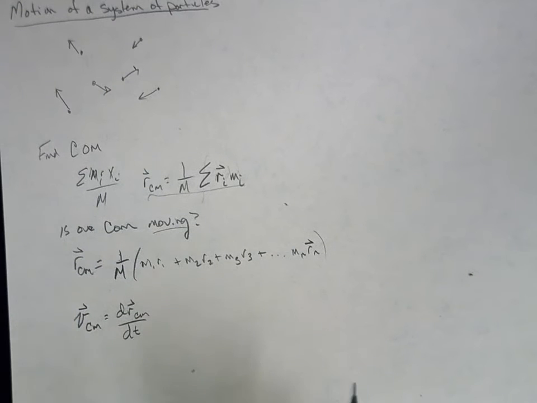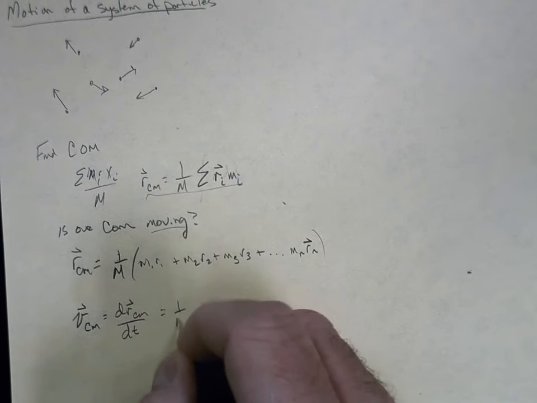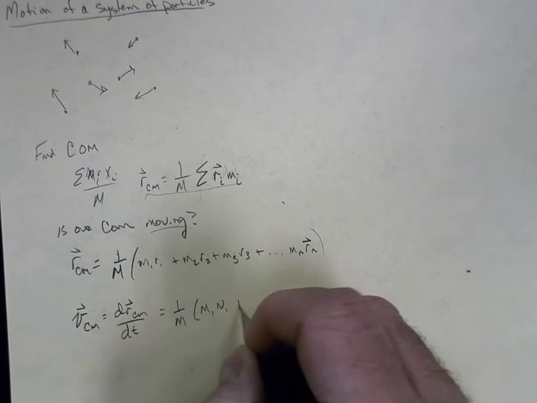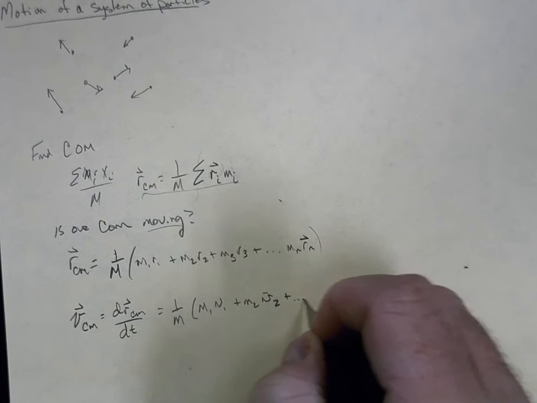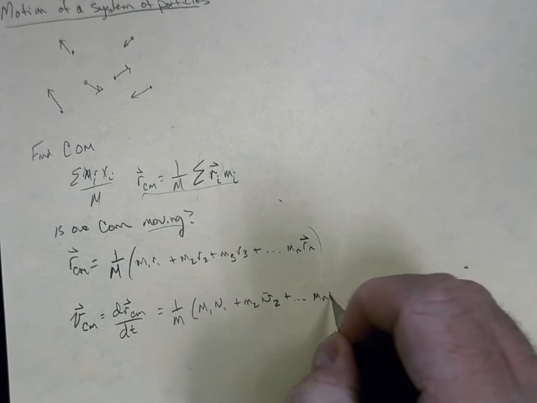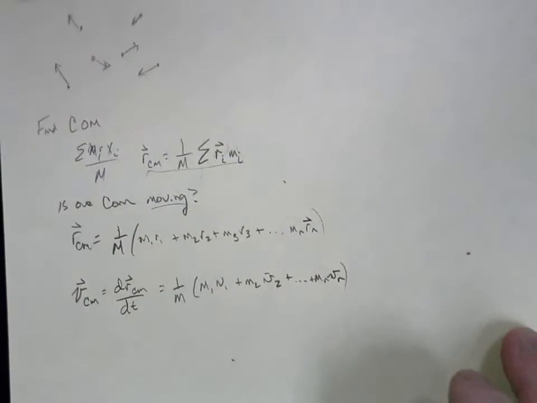And so what we can then do with this is, the velocity of our center of mass is going to equal 1 over M times the mass 1 times the velocity of the first one, plus the mass of the second one times the velocity of the second one, and so on to m_n v_n, our nth term.